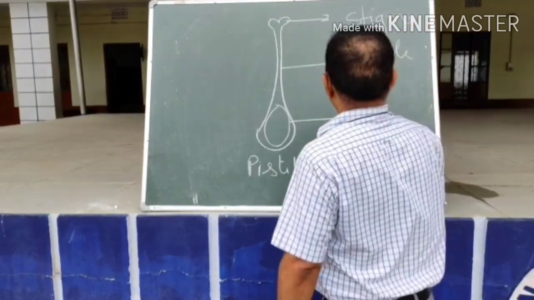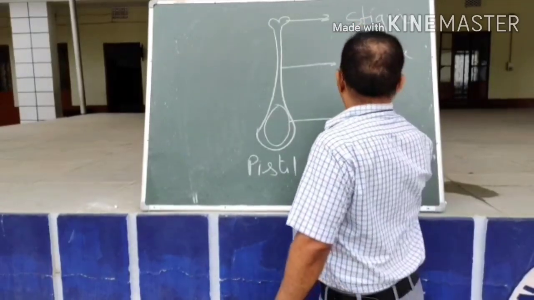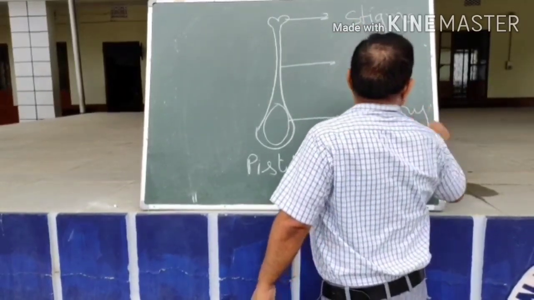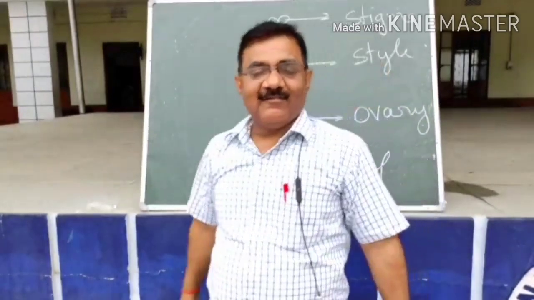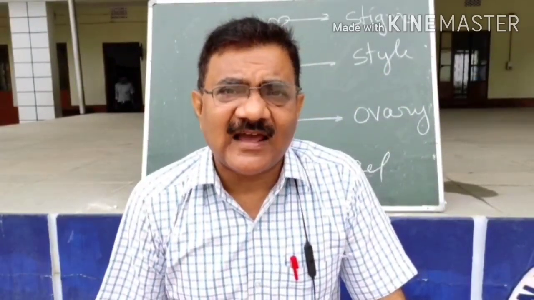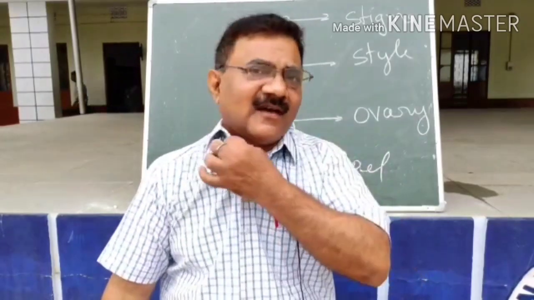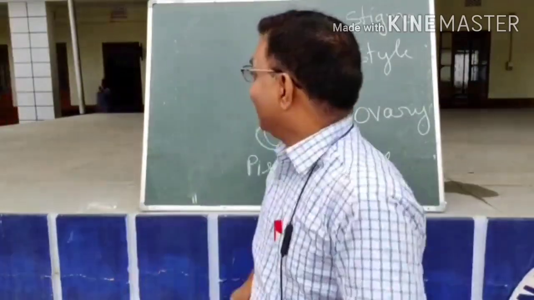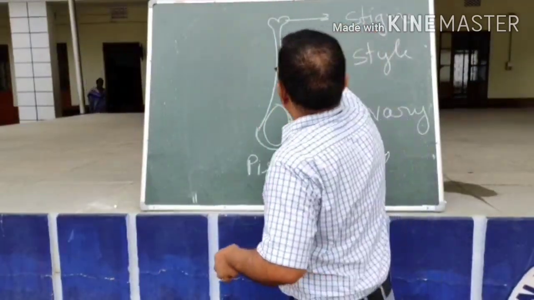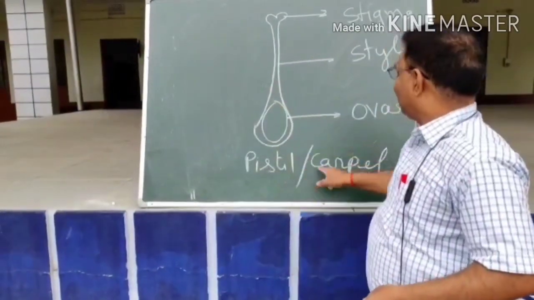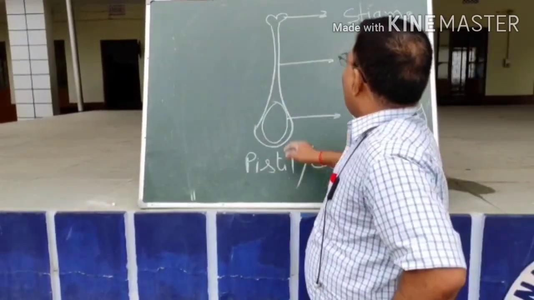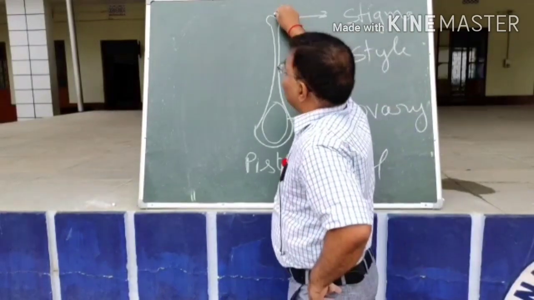And this is stigma, style and ovary. Dear children, if I ask you what you mean by a style, don't say, sir, this is a style. No, a style means the middle part of the pistil or carpel.